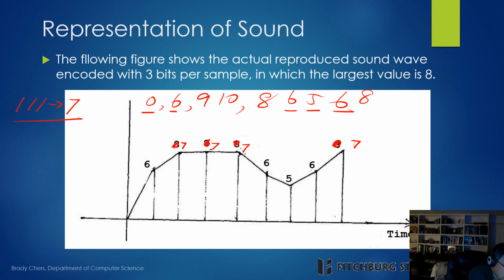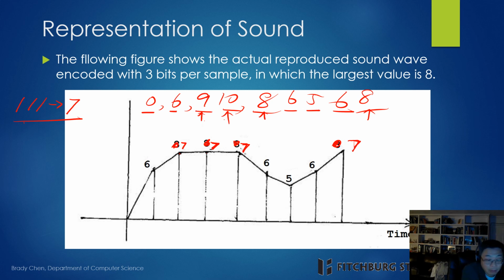However, for 9, 10, 8, and 8, these 4 amplitudes, we cannot store the number in these 3 bits, because 7 is the largest number we can represent. So we have to cut these numbers and store the largest number we can represent using 3 bits. So 9, 10, 8, 8 will be replaced with 7.